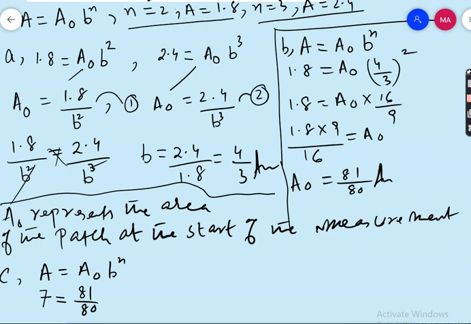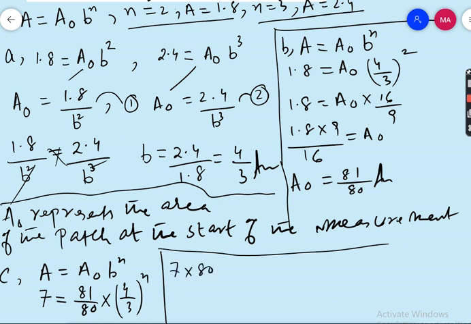Done the question. b we have already found in part A, which is 4 upon 3 to the power n. Now 7 multiplied by 80 upon 81 is equal to 4 upon 3 to the power n.